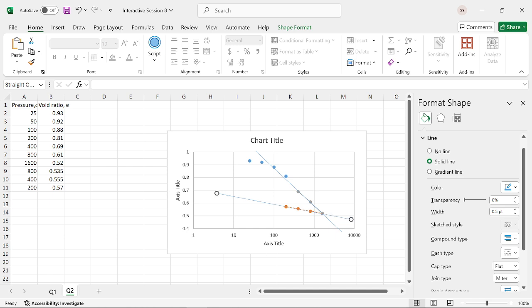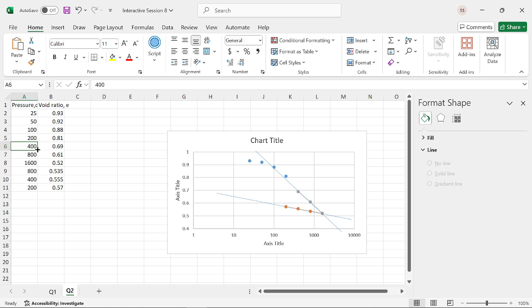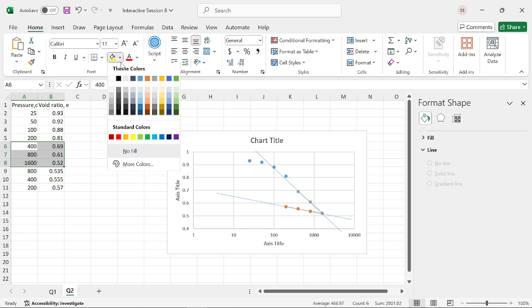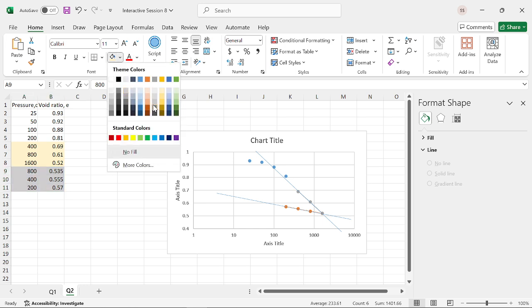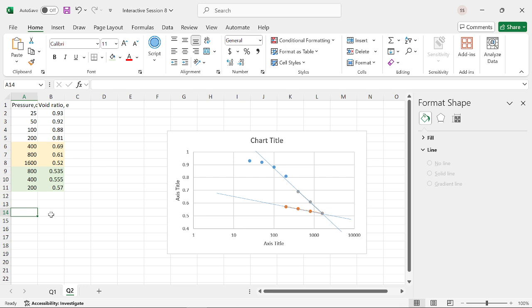So what the question is asking, so from this branch, if we take these three for Cc and these three we can take for Cs, we will get Cc is the slope of this. It will be e1 minus e2 over log of sigma 2 over sigma 1.